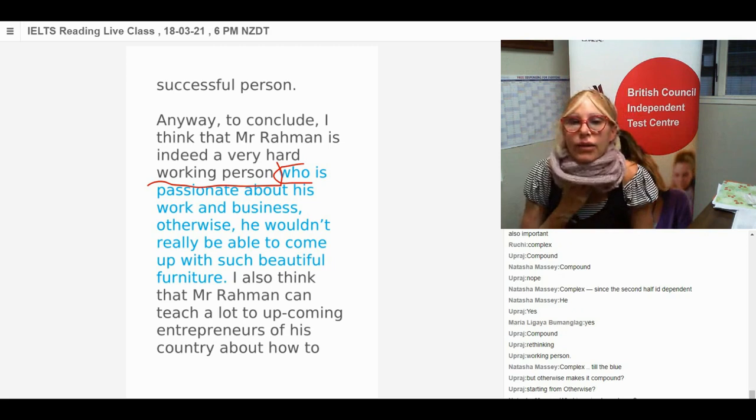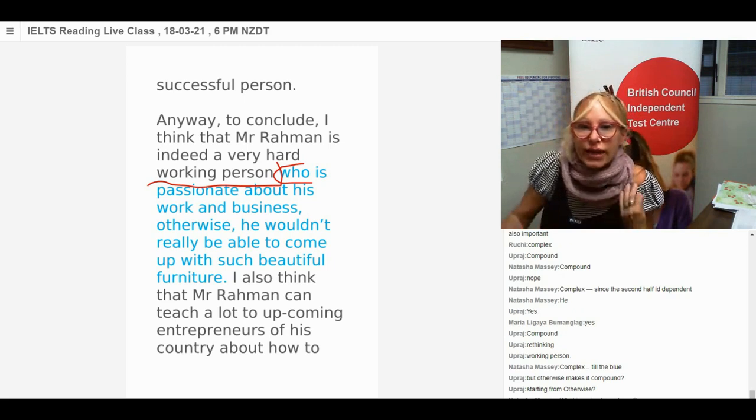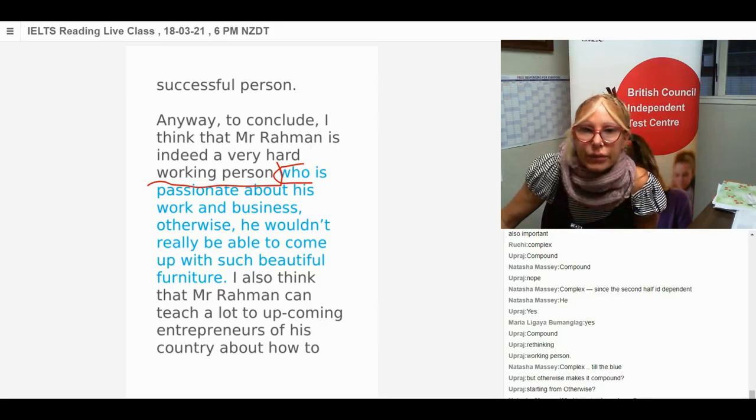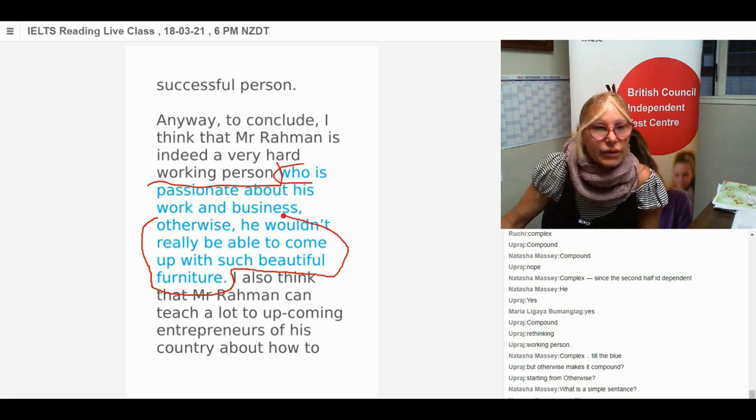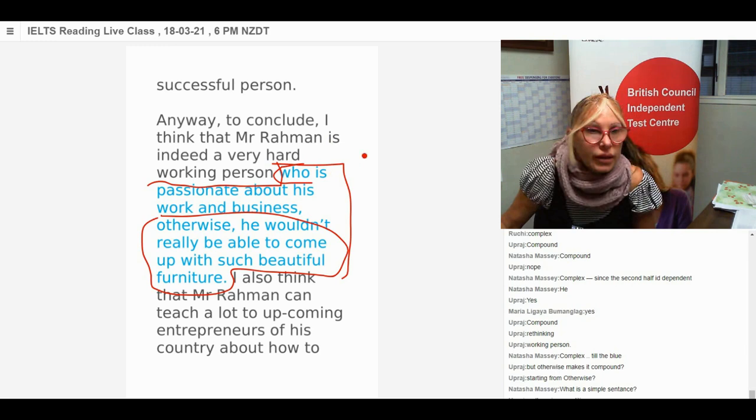"Otherwise, he wouldn't really be able to come up with such beautiful furniture." Starting from "otherwise" up to there, that is a complete sentence, Upraj. But what we're looking at for our complex sentence is this part included as well, all that's in the blue.